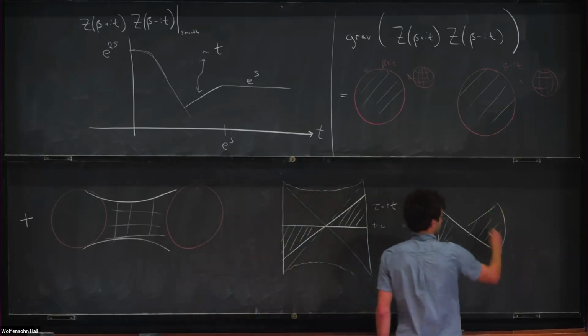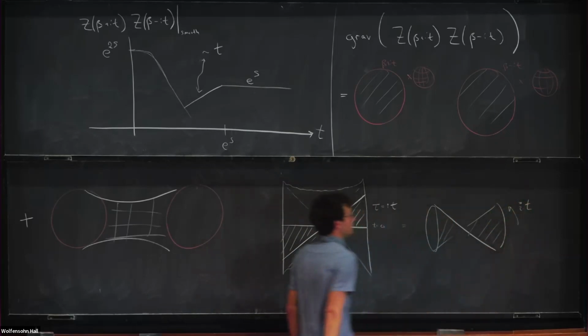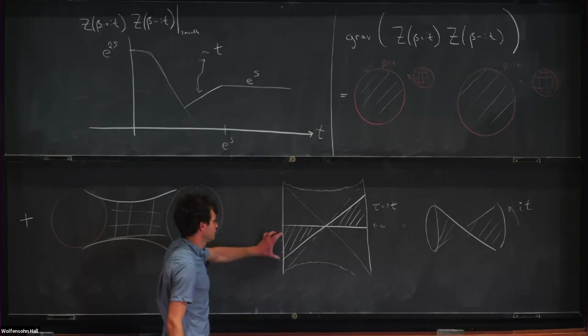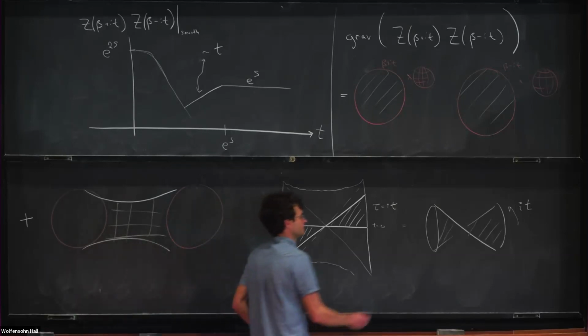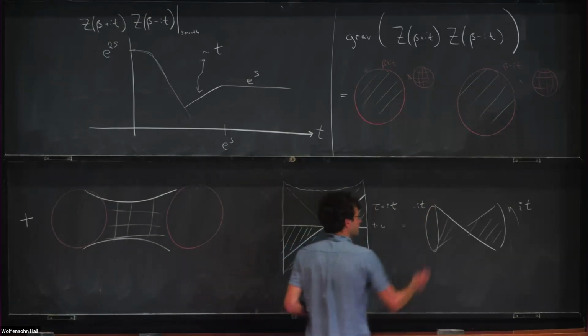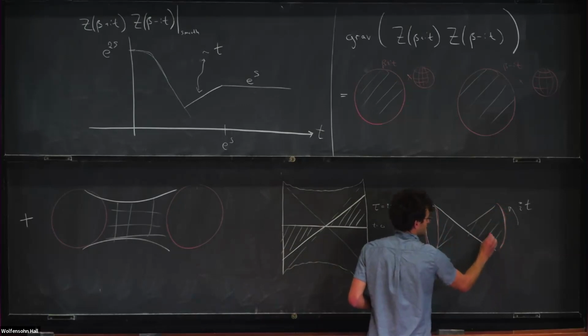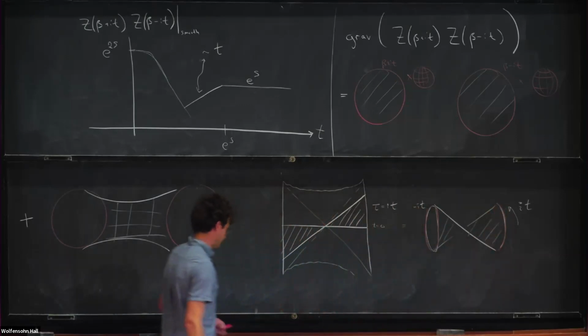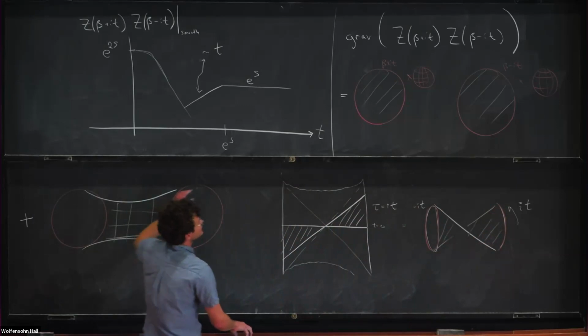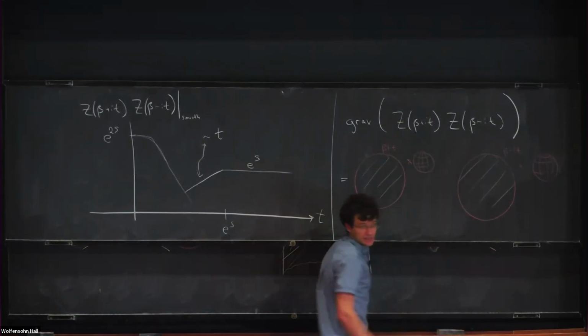On the right boundary, we have circumference i times t. On the left boundary, we have circumference minus i times t. So the boundaries that we have here correspond to two circles, one of size it and one of size minus it. And so that is exactly the kind of boundary conditions you want to fill this thing in if beta is equal to 0.